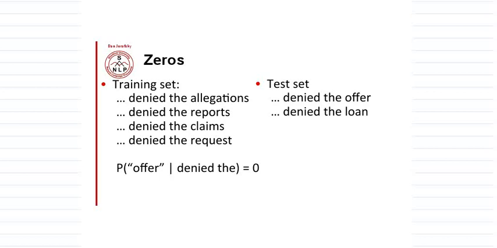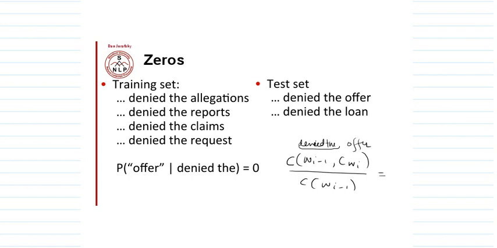This is count of Wi minus 1 comma Wi, divided by count of Wi minus 1, where Wi minus 1 is denied the and Wi is offer.